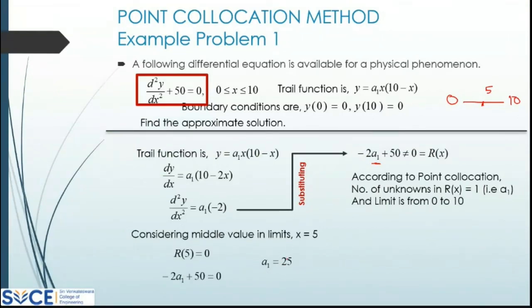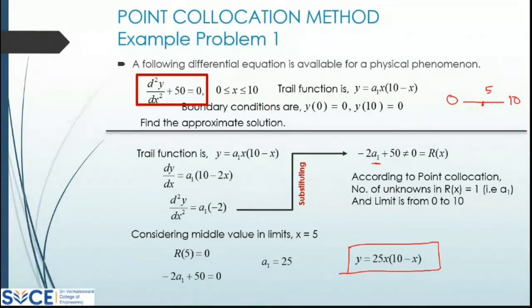So now I have to substitute in my trial function. When I substitute it, you will get y is equal to 25x into 10 minus x. This is my answer for this particular problem. This is for a single constant.